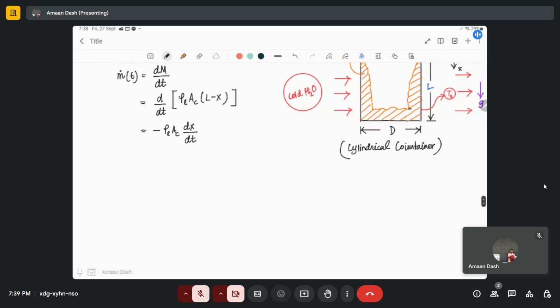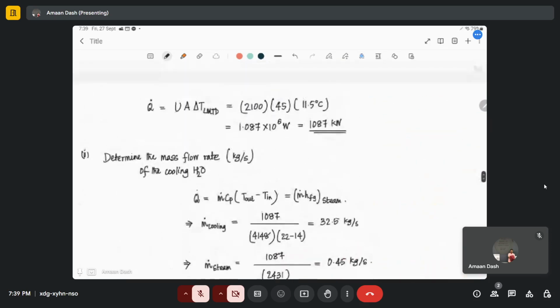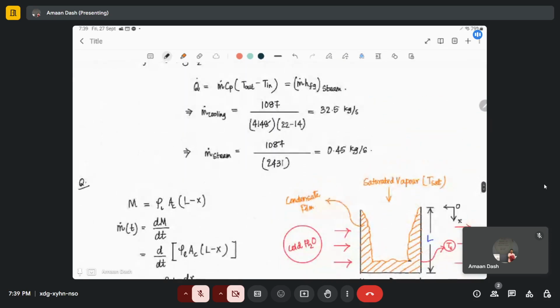Correct. Now where is this accumulating mass coming from? How did we calculate it in the previous question?